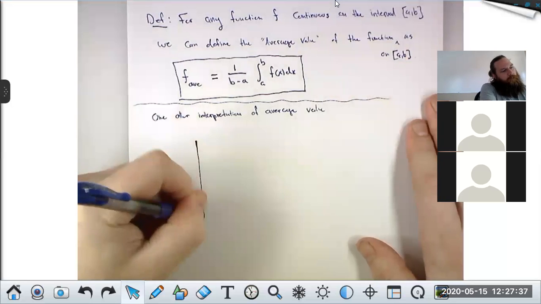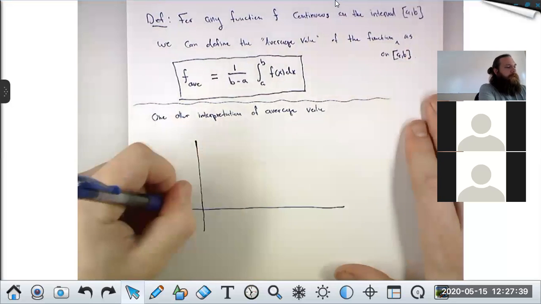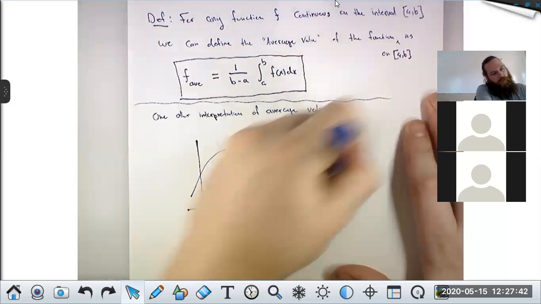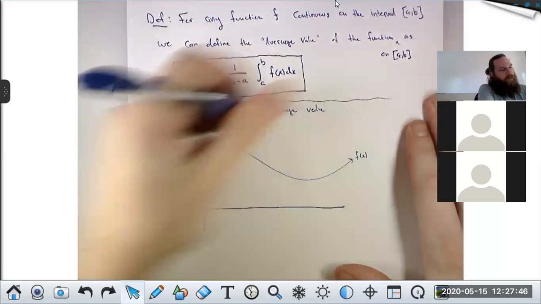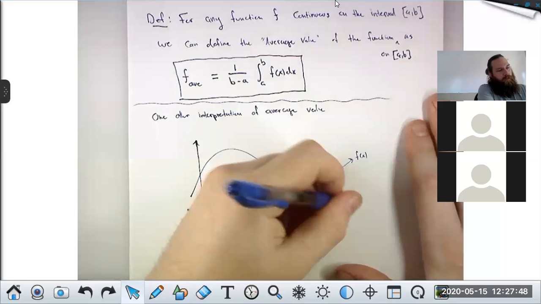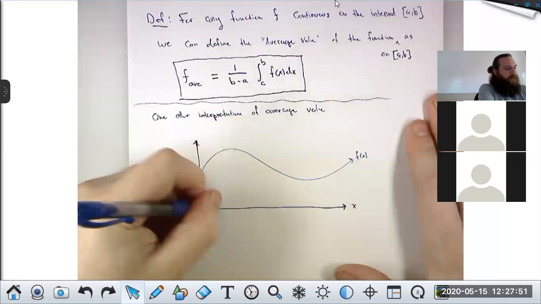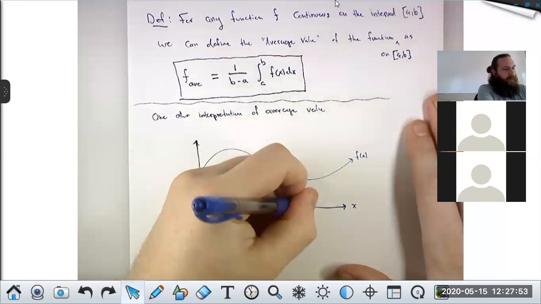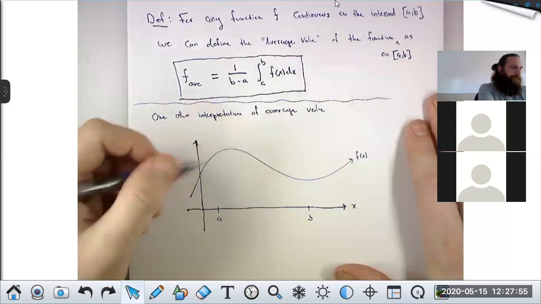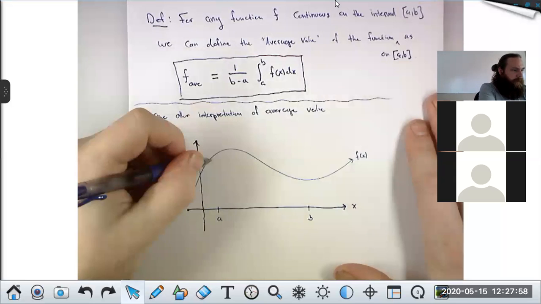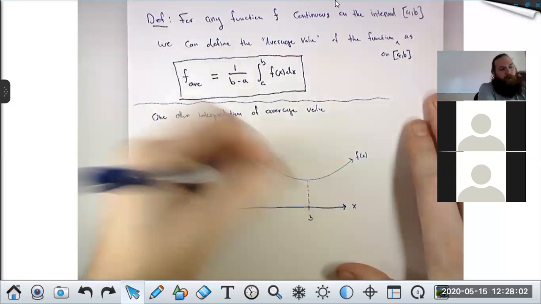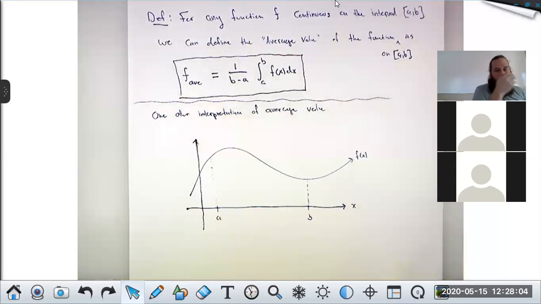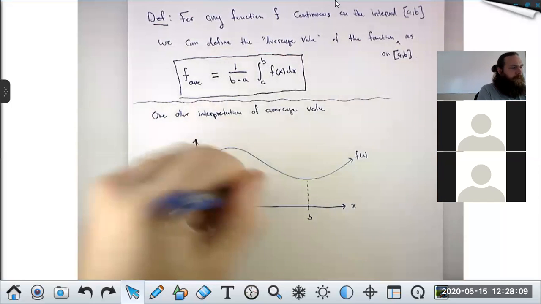The average value of the function f on the interval a, b. So here's f of x. Here's a, here's b. It's the unique constant function that bounds the same area from a to b that f does. So here, this total area is like that.